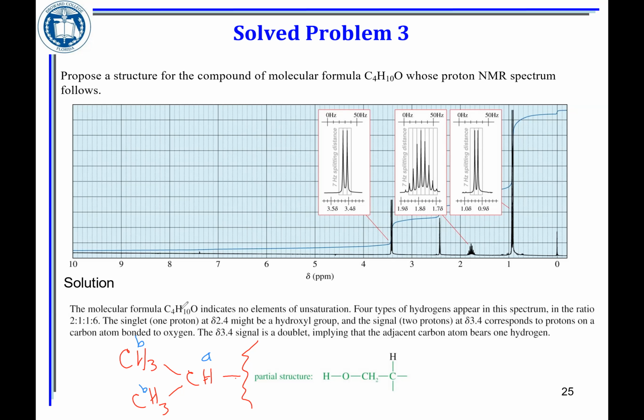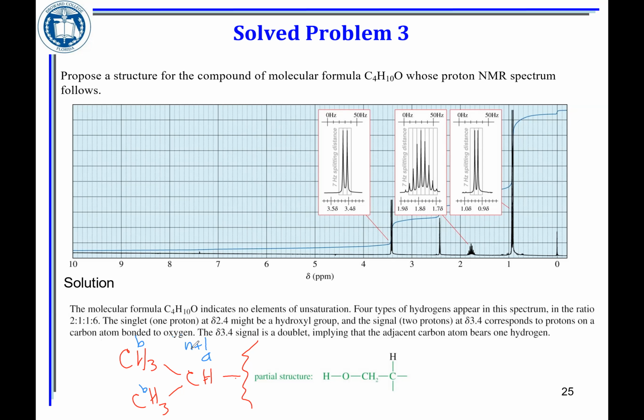The rule we talked about last class is N plus 1. As a reminder, can someone tell me the value of N for hydrogen A, based on the diagram I have here? It's just a partial structure.